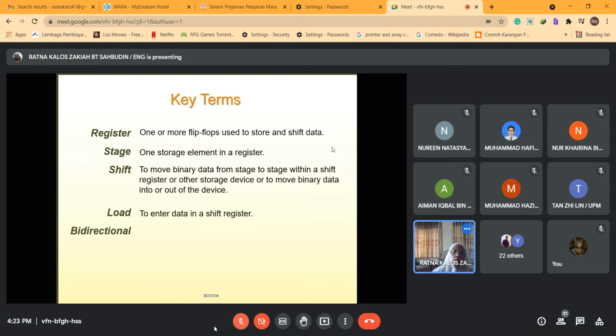Load is to enter data in the shift register. Bidirectional means having two directions. In a bidirectional shift register, the stored data can be shifted to the right or to the left.